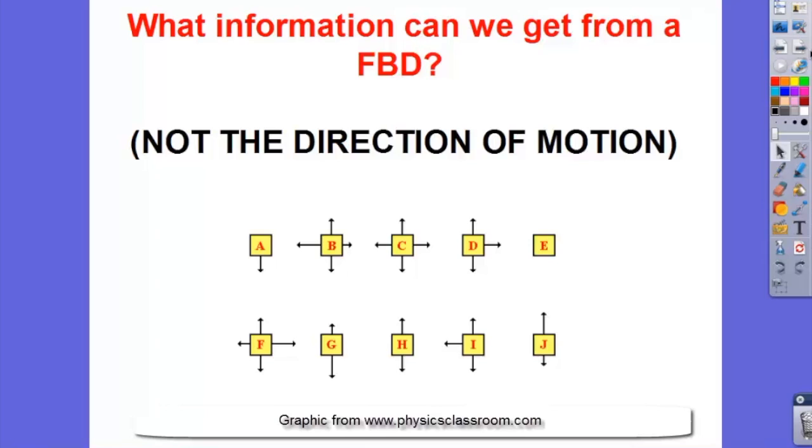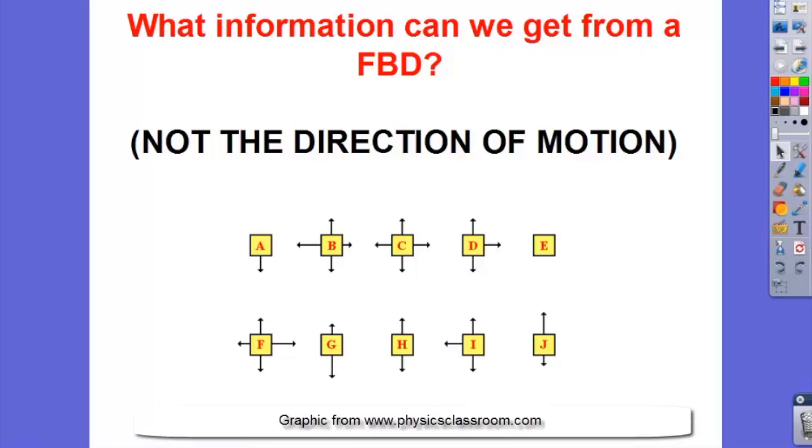So you're going to see various pictures of free body diagrams. When we look at the various free body diagrams in this picture, A through J, it's very important that you understand A. The only thing I know about A from this free body diagram is that its acceleration is downward. I don't know which direction it's moving. Same for B through J for all of them. So B could be moving to the right. If it were moving to the right, its acceleration is to the left, therefore it would be slowing down. B could also be moving to the left.